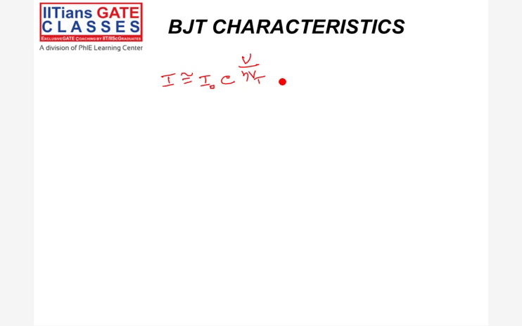As compared to 1, we have this value in large, so this can be written like this. But what is this I naught? I naught is nothing but IE naught, the reverse saturation current in the emitter junction. Reverse saturation current in the emitter junction means across JE.